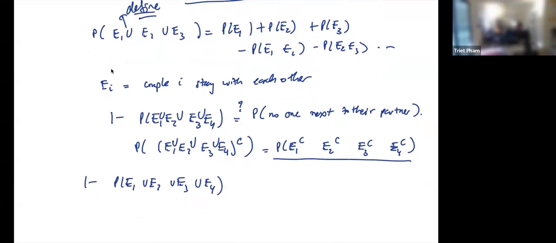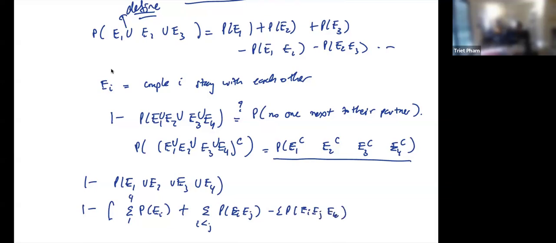All right. So now it'll be 1 minus, again, the sum of P(E_i) for i from 1 to 4, plus the sum of P(E_i E_j) for i less than j, minus the sum of P(E_i E_j E_k) for i less than j less than k.